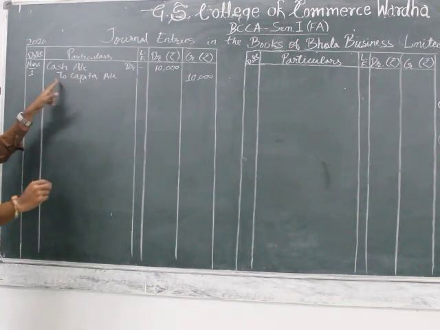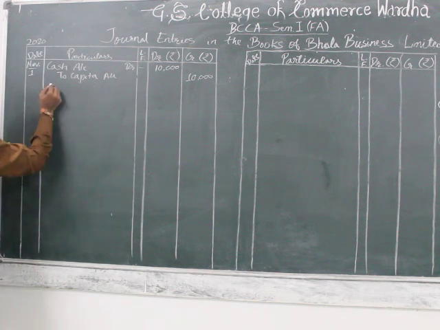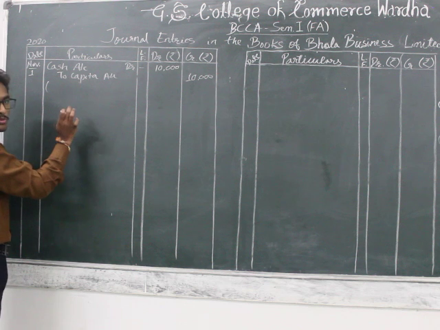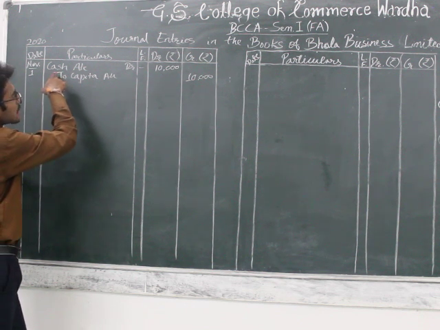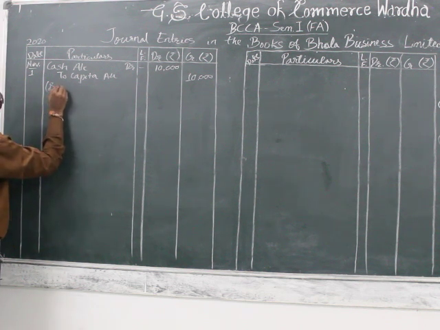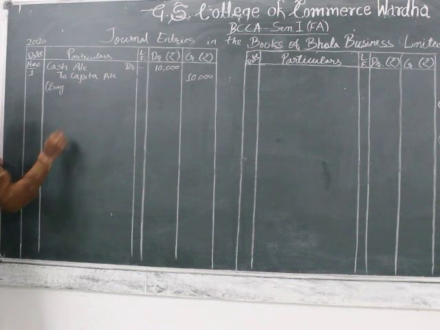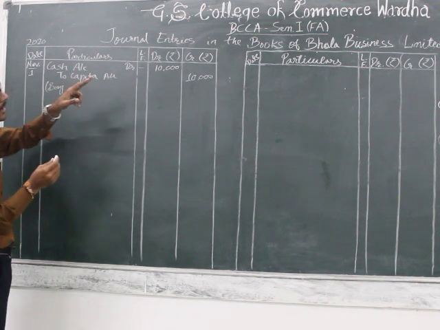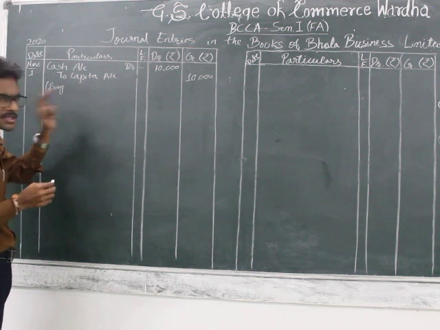After writing the entry, you have to make a narration. Narration means a summary of this entry. While writing narration, we have to put "being" as a prefix. Being, what happened in this question? Bhola introduced cash into the business.